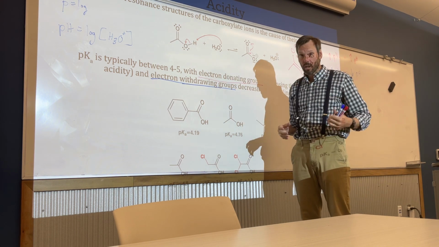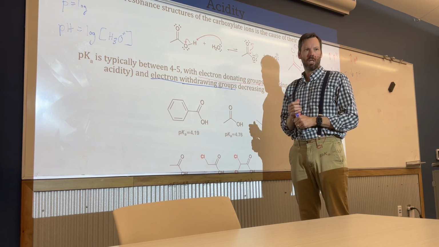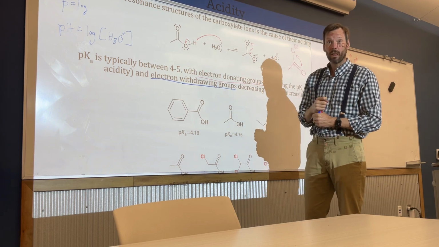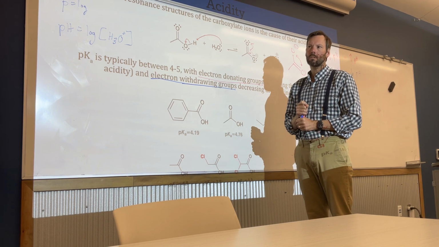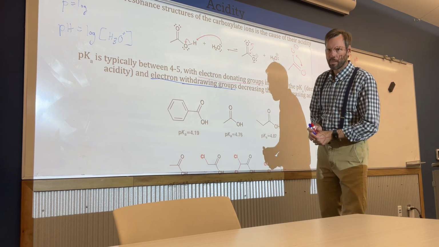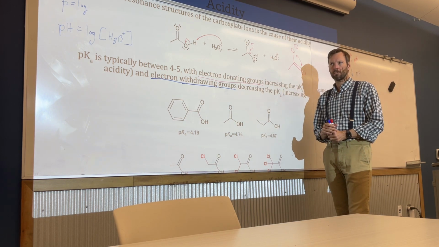When you get rid of the electron density, how do you get rid of electron density? By having electron withdrawing groups, right? Then we're more likely to deprotonate. Okay.